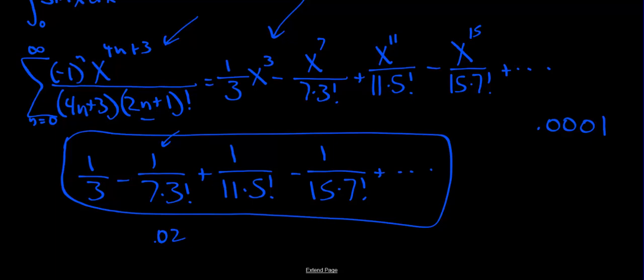Now, if I go to the next one, I go 1 divided by 11 times 5 factorial. And that's going to give me approximately 0.0007. Not quite there, right? Because I need 0.0001.